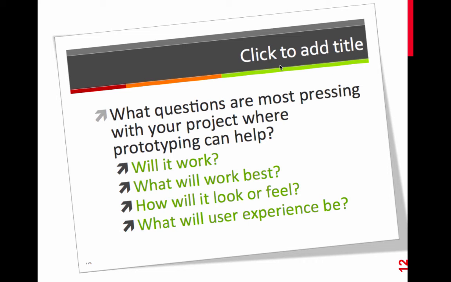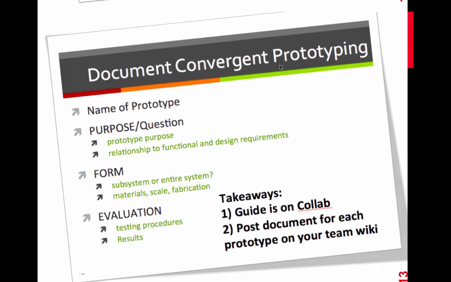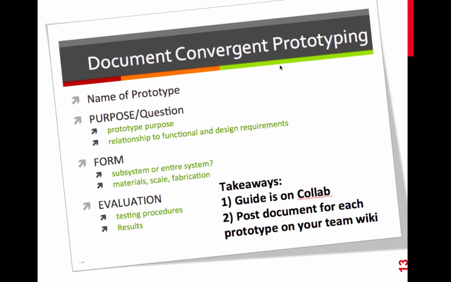And when you get to a point where you're testing requirements with your tests, that's when it's extra critical that you're documenting the nature of your tests and the findings of those tests. There's a whole guide on the wiki, on the Colab site, that gives you more information about exactly what we want to see you documenting about each prototype, particularly for these prototypes that are being used to compare your system and how it's working against requirements.